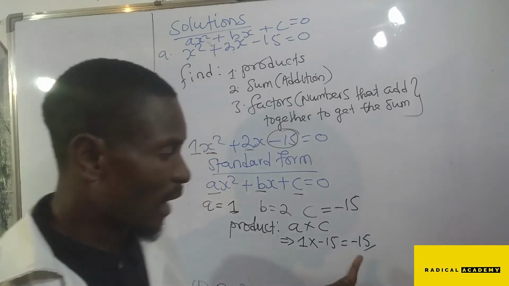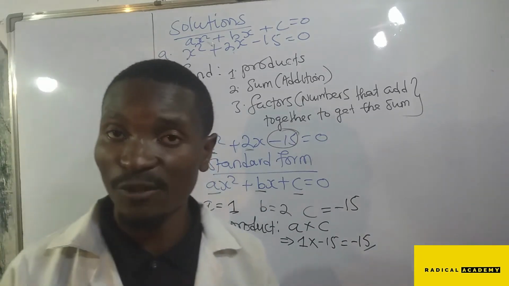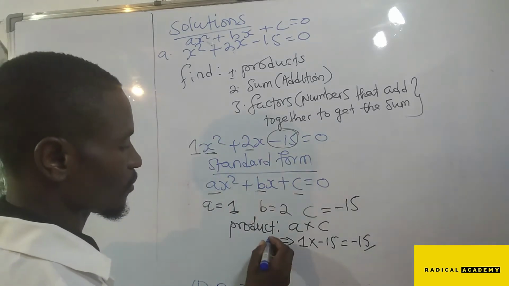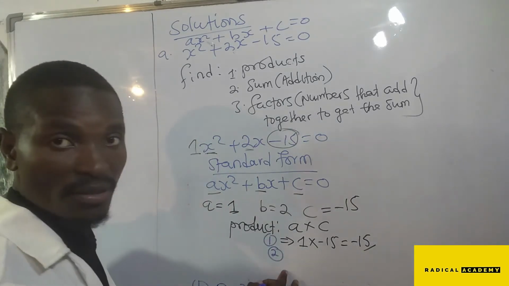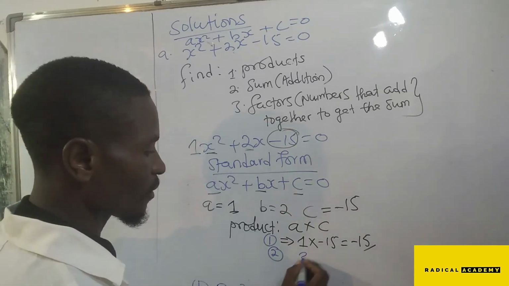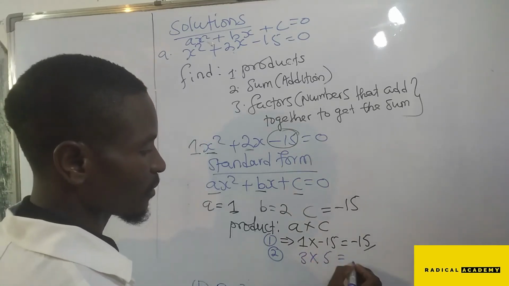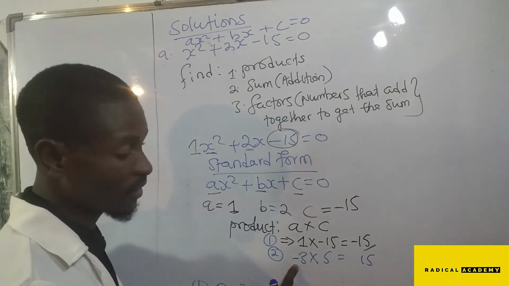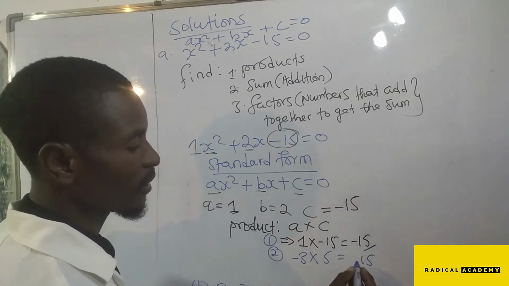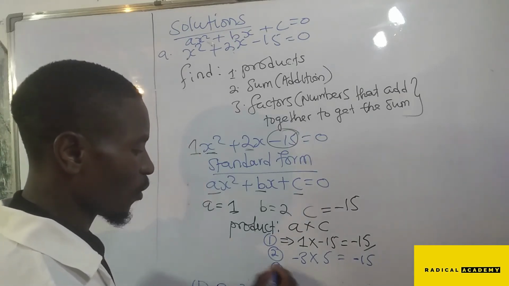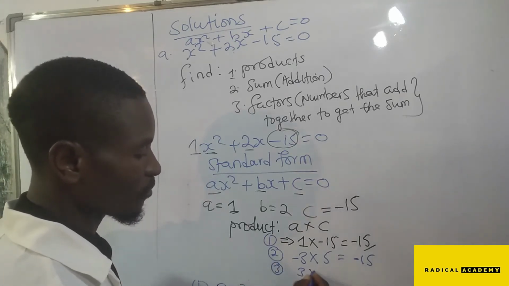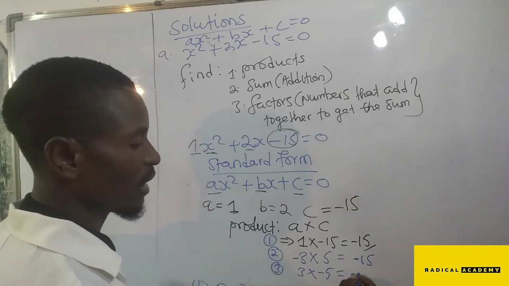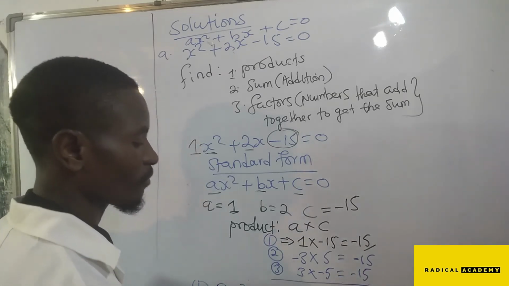But remember, our answer should be negative 15. So we can make the 3 a negative number, and then you get that. Or 3 multiplied by negative 5, you get negative 15.